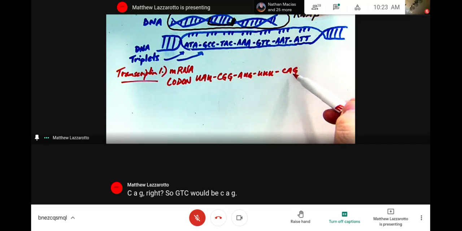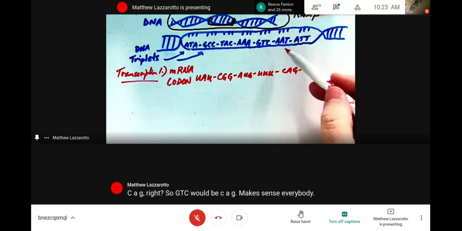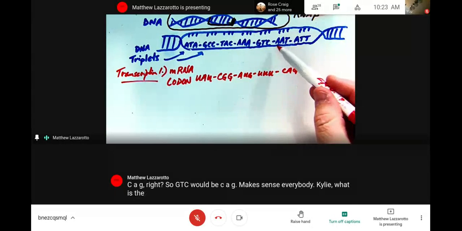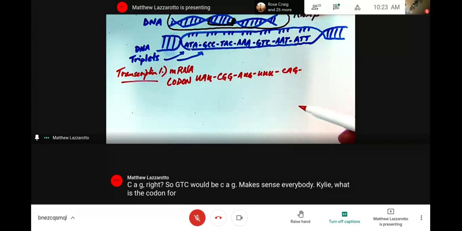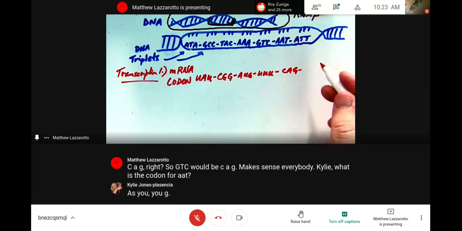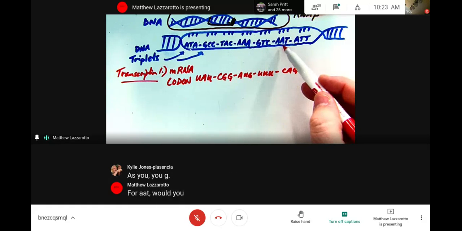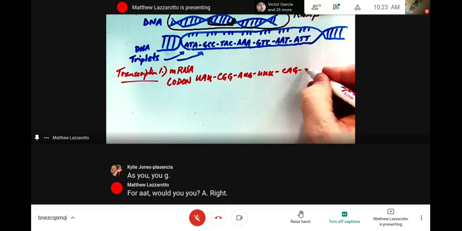Make sense, everybody? Kylie, what is the codon for AAT? Is it UUG? For AAT it's UUA, right?